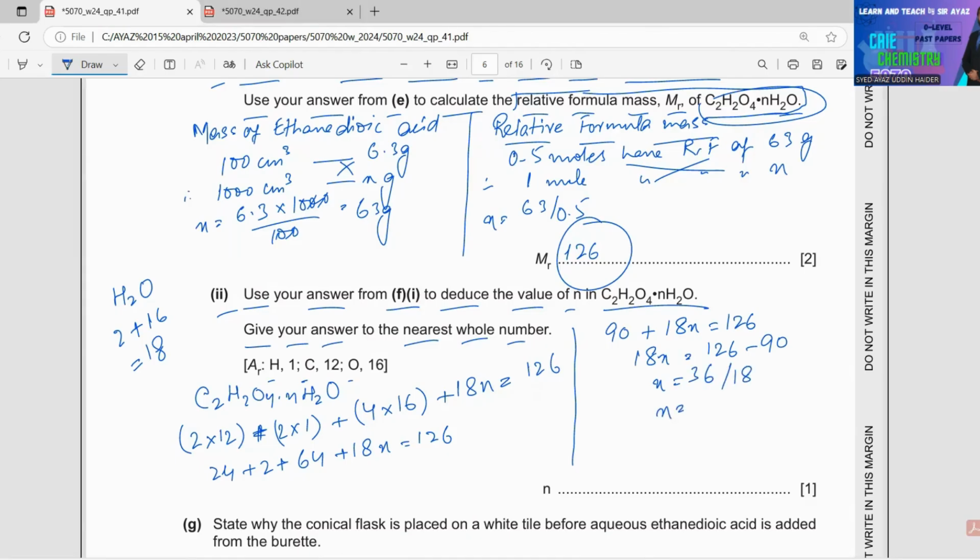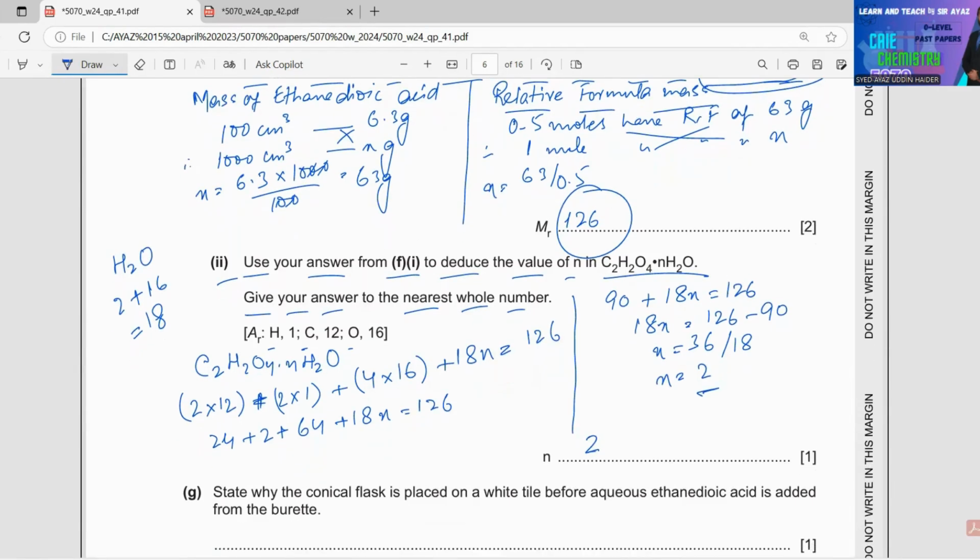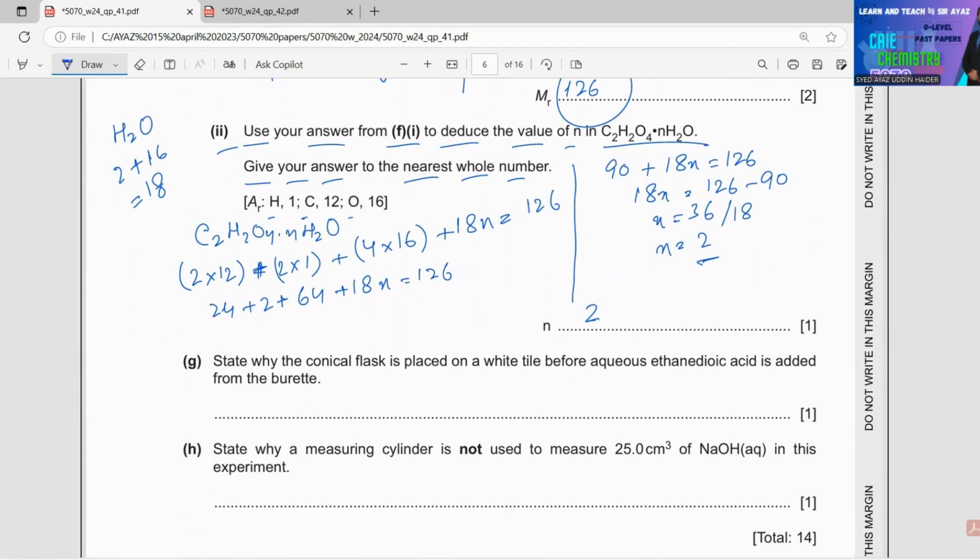So n will be 2. The value of n is 2. We got the value of n, it's 2 here. This will be the final value of n.